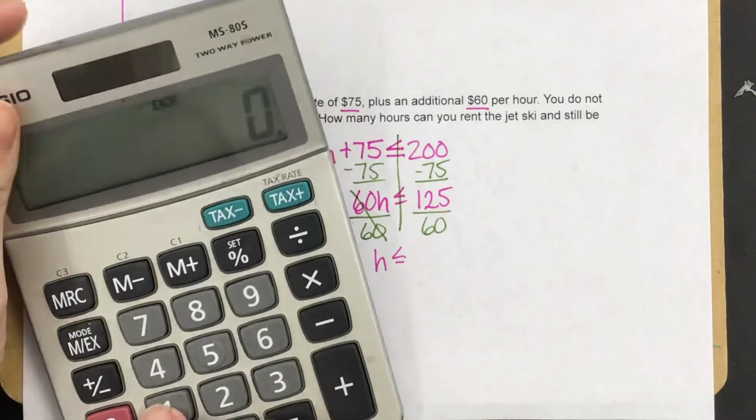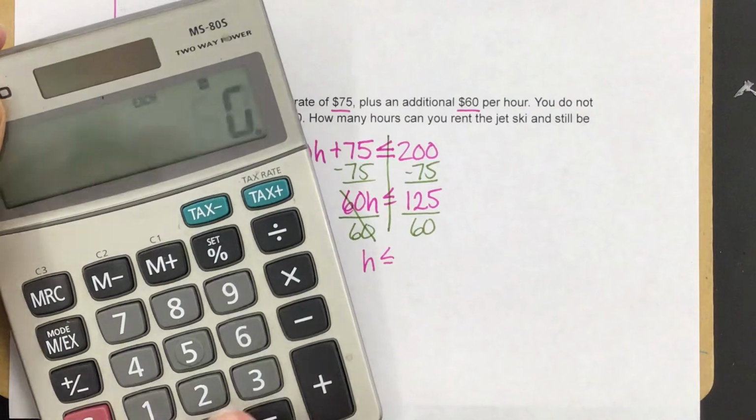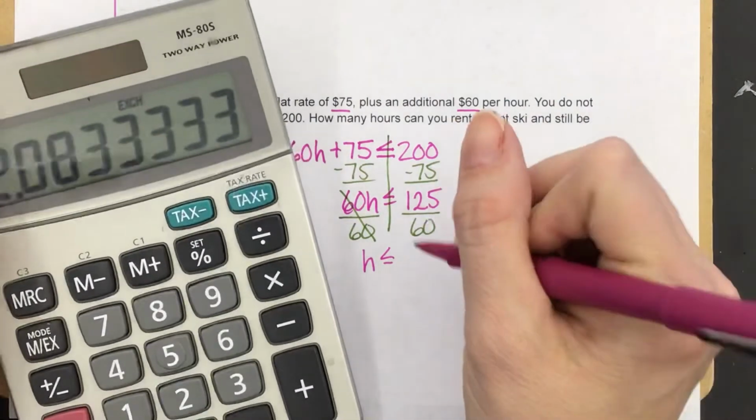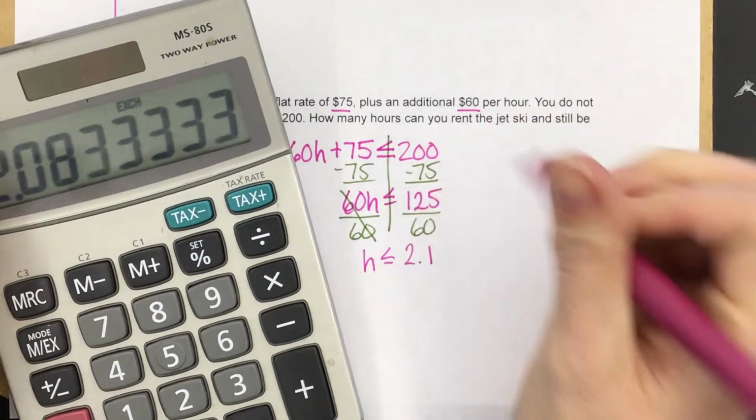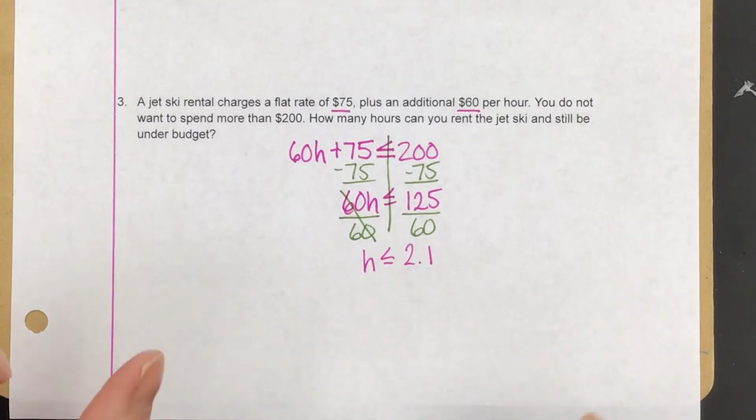So let's do 125 divided by 60. Yeah, I would round that to about 2.1. But assuming that the rental company doesn't allow for half hours, would you round it down to 2 hours or round it up to 3? Down, because you're trying to keep under budget this time, right?